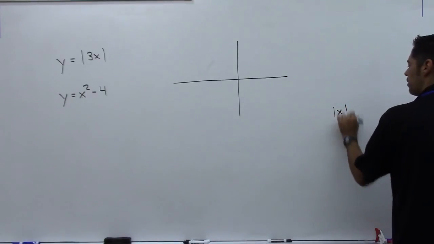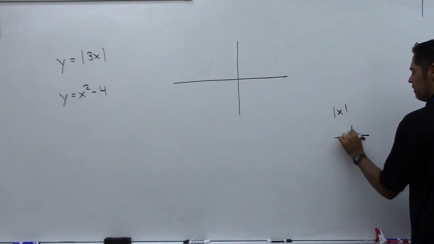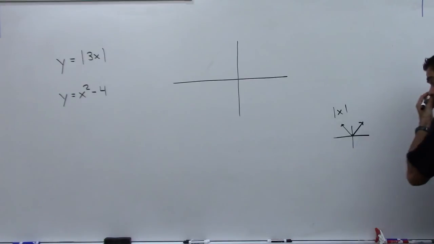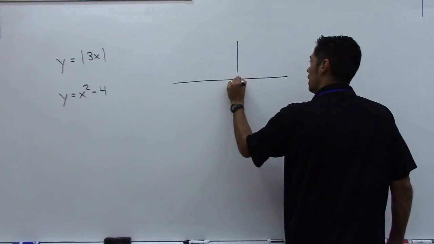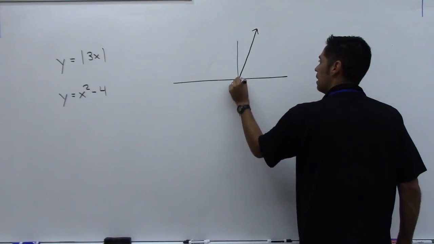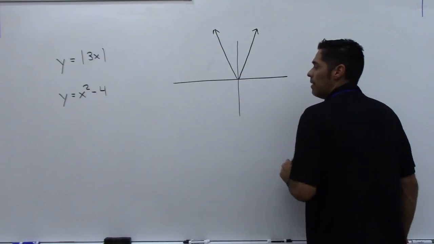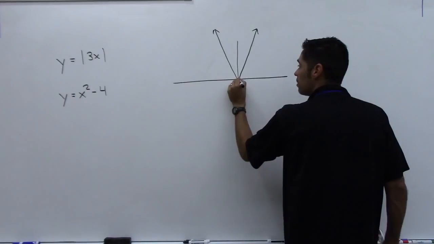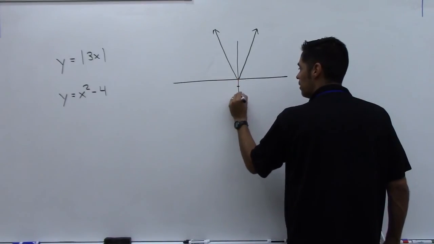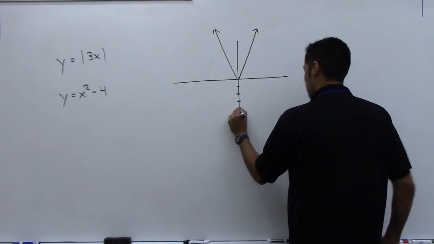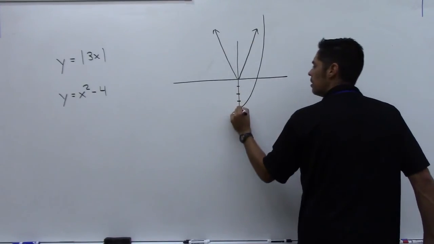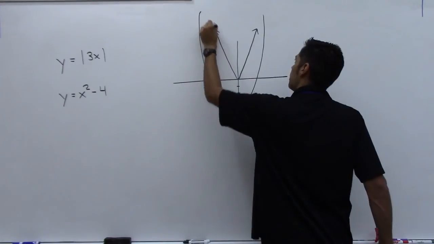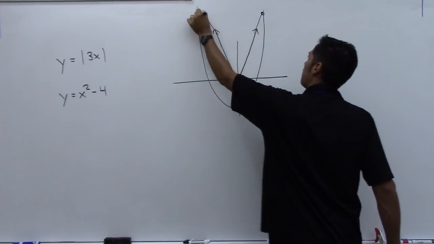The absolute value of x, if we graph it, looks like a V. But if we put a 3 in there, all that does is stretch it out, so this is like an elongated V. And then we have x squared minus 4, a parabola that moves down 4, and it goes like this. And so eventually they hit each other up there.